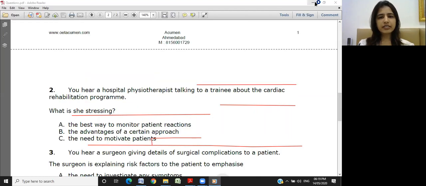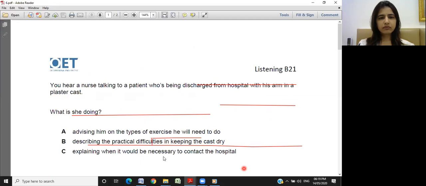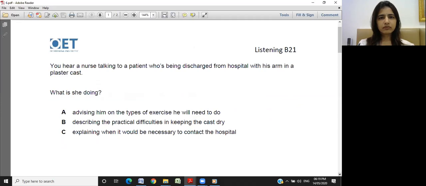Okay, now final question, 6th one, and then we would move on to part C. Always pay attention to negative words in the answer choices.